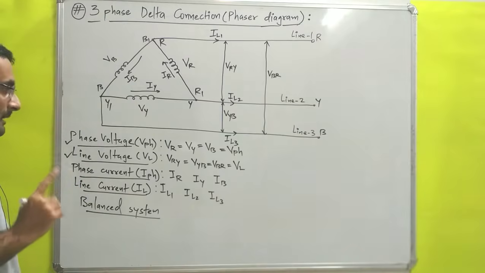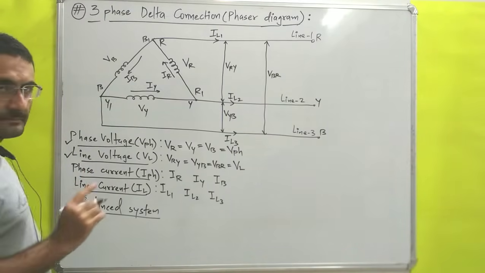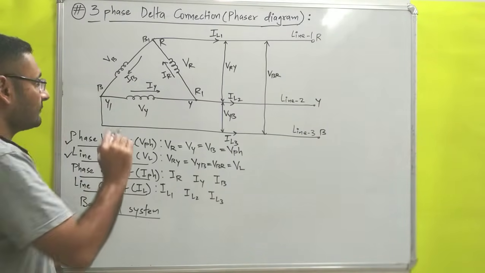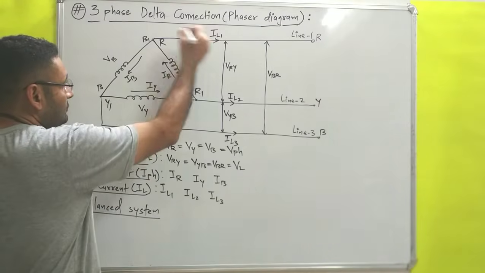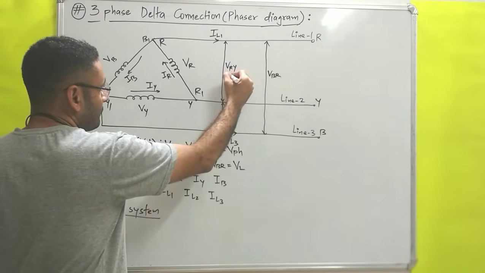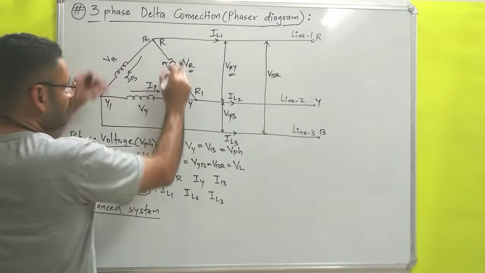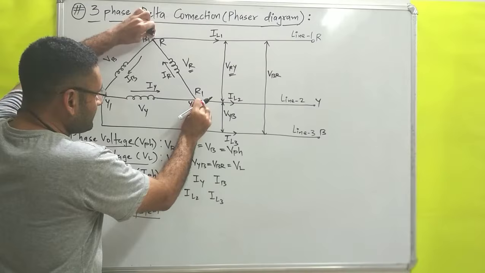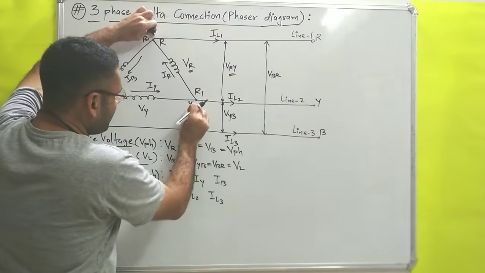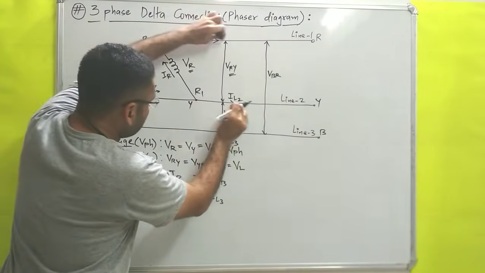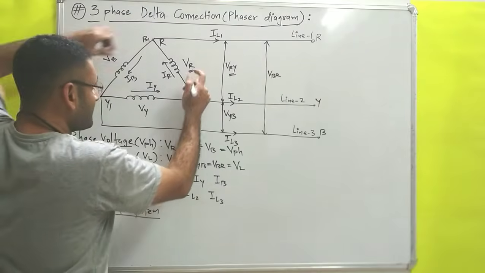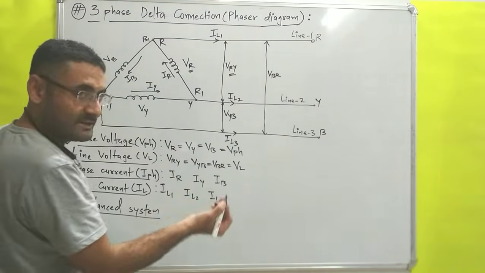Okay. Now, from the diagram, we can make a general observation. Suppose you talk about VRY and you talk about VR. VR is the potential difference between these two terminals. Similarly, VRY is the potential difference between those same two terminals. That is, the potential difference of VR and VRY would be the same.